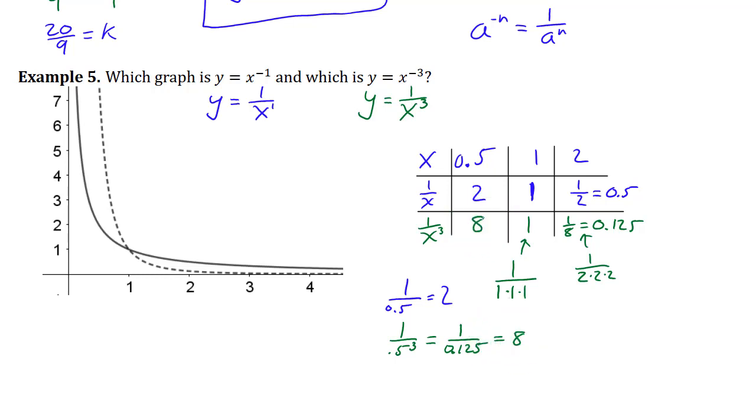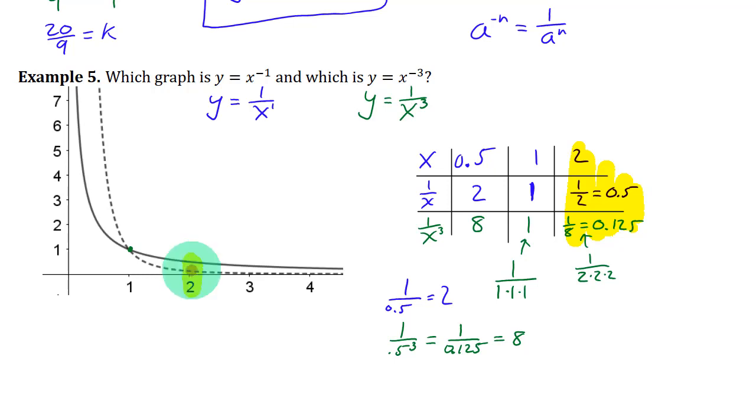So what this is saying is that they cross at x equals 1, which you could see in the graph anyway. But if you plug in a number bigger than 1, like x equals 2, both y-coordinates are less than 1, but only one of them is much less than 1, the 1 over x cubed.